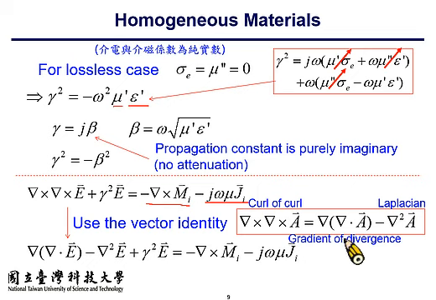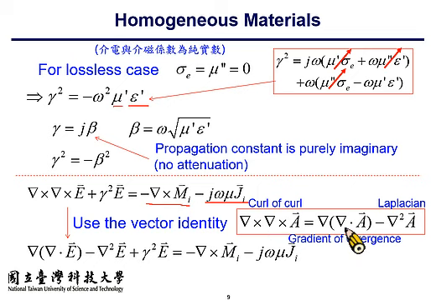That is the vector identity. When it comes to vector identity, it's valid for any vector, for any scalar. So the left-hand side is the curl of a vector A. Again, this is valid for any vector. Okay?